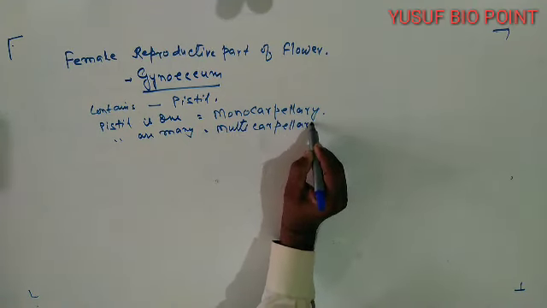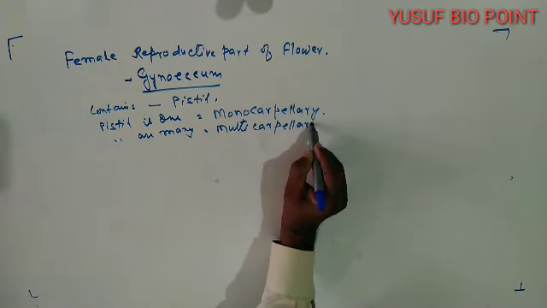So this is the structure of pistil. When the pistils are free, that is independent, they are called apocarpous.